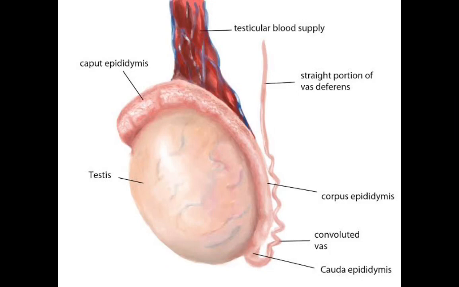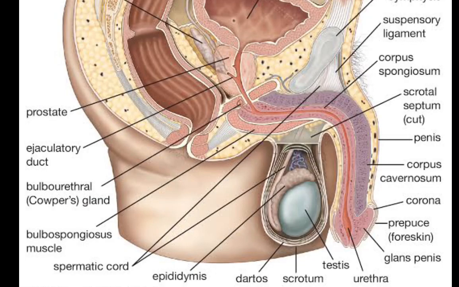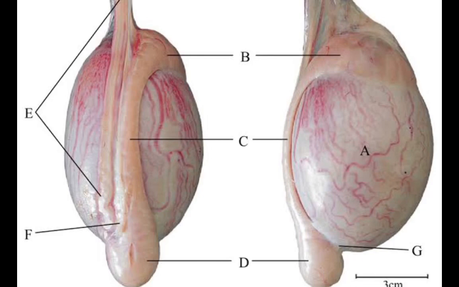Not only this, the spermatic cord is attached to the upper part of the posterior border of the testis. Coming to the surfaces, the medial surface is smooth and convex. The lateral surface is smooth, convex and overlapped posteriorly by the epididymis.